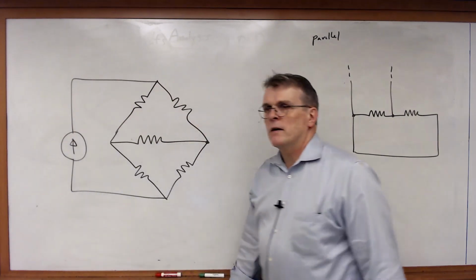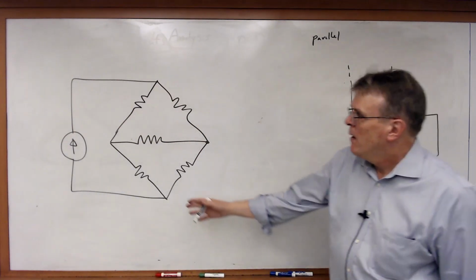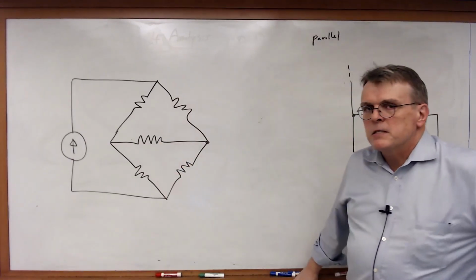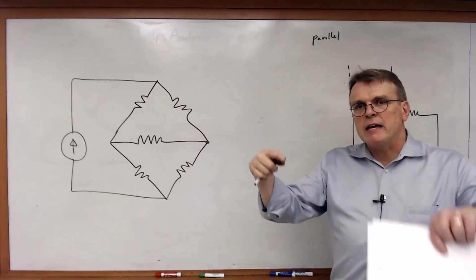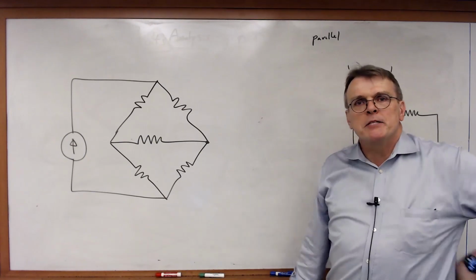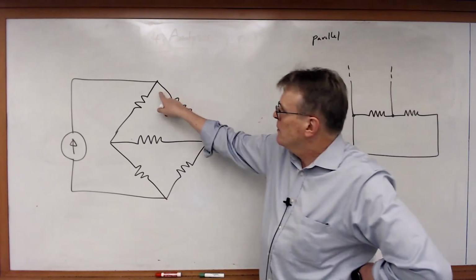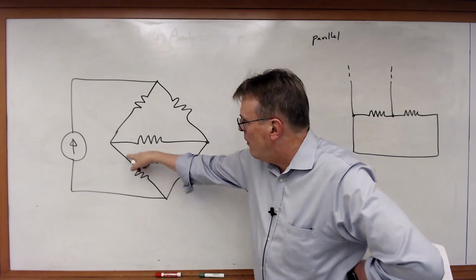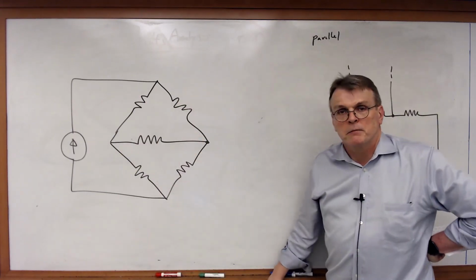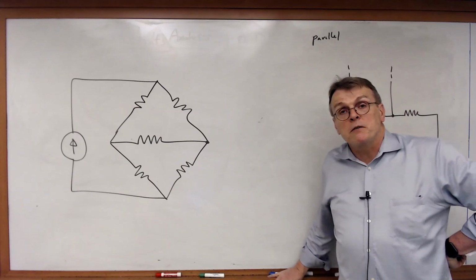What if I drew a circuit like this? Are any of those elements in series? Are there any two elements in that circuit that have a connection with no other elements connected to it? Well, this node, no. This node, no, no, no. All these nodes have three elements connected to them. Obviously, none of them are in series.